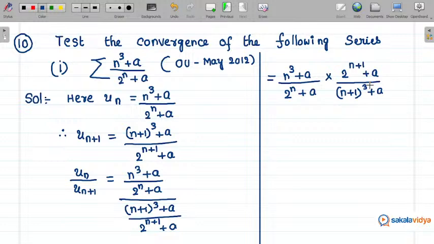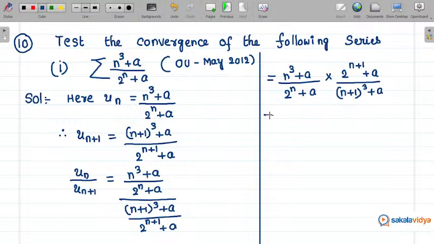Let us check once again. From here you can take n cube common from n cube plus a, and also from 2 to the power of n plus 1 take common 2 to the power of n. Here also we can take n cube common from (n plus 1) whole cube plus a. So, this can be rewritten as (n cube plus a) by ((n plus 1) whole cube plus a), into (2 to the power of n plus 1 plus a) by (2 to the power of n plus a).